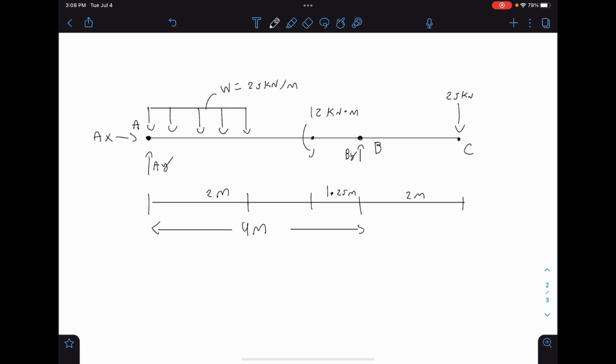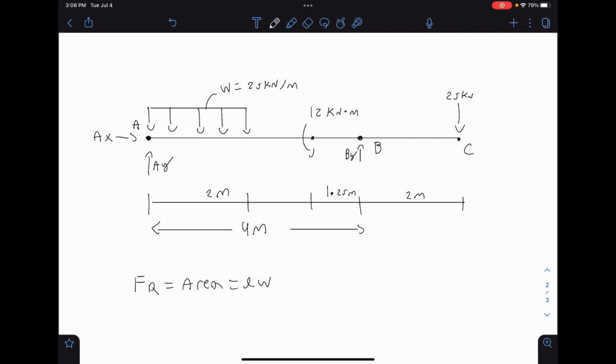Okay, so now that I've drawn in the dimensions, we can use these dimensions to first reduce this simply distributive loading into a force resultant. So given a distributive loading, the force resultant is equal to the area of our shape. So our shape's a rectangle, so it's equal to length times width.